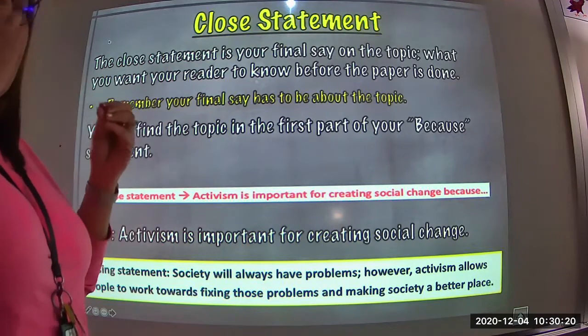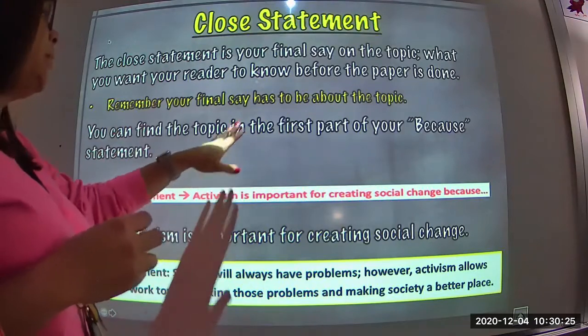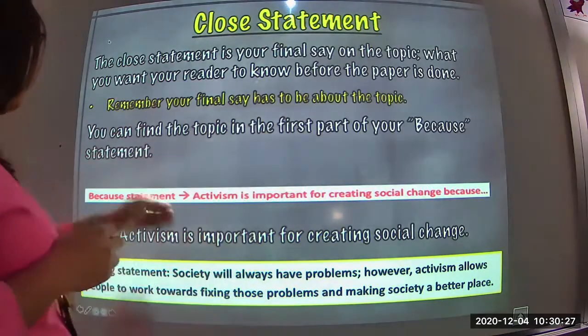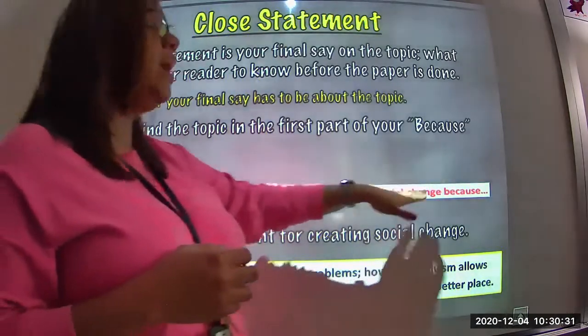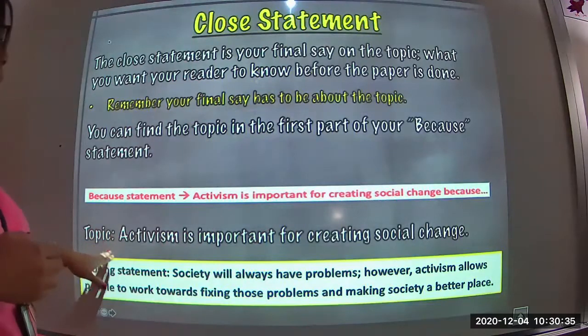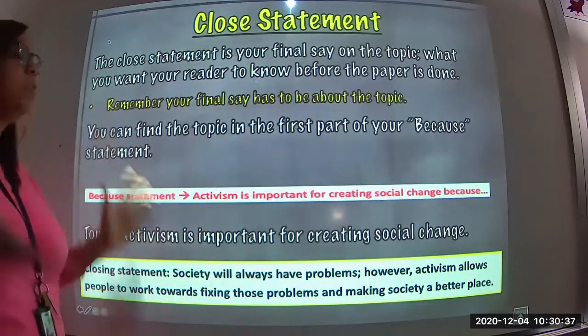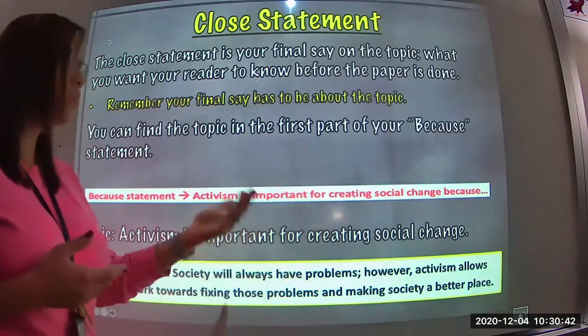Everything has to follow that topic, okay? You can find the topic in the first part of your because statement. So the because statement, activism is important for creating social change, because that is your because statement. So the overall topic would be that activism is important for creating social change.